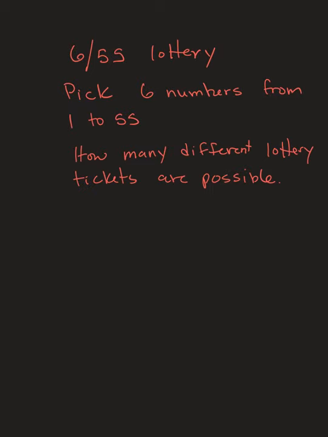So my big group is the numbers 1 through 55. And we already said we're going to use C. So the big group is 55 because there are 55 numbers. And the small group is 6 because we're picking 6 of them. All right, so I'm going to do, in my calculator, 55C6.